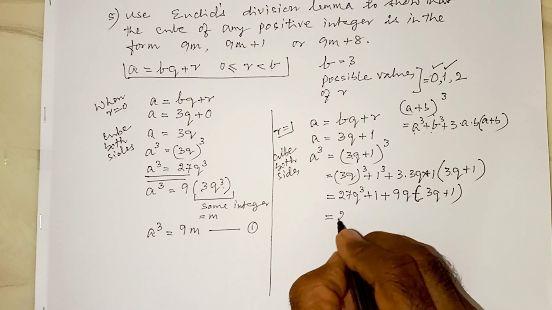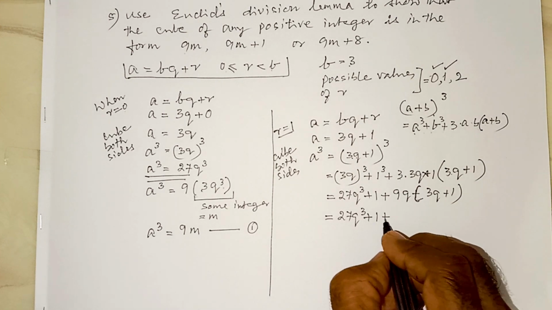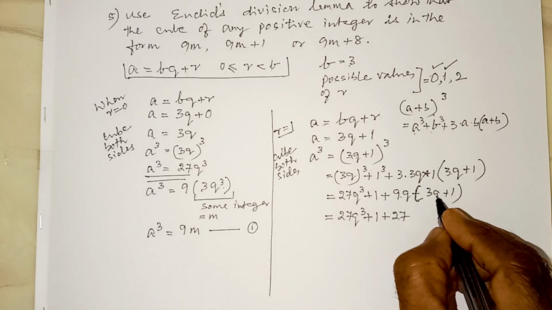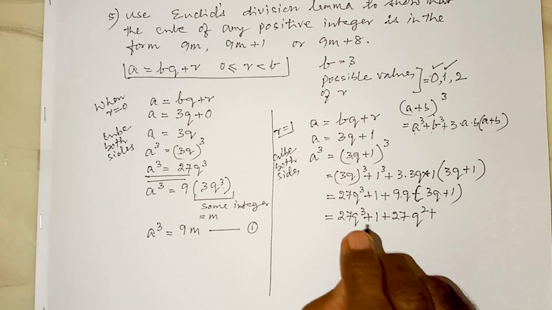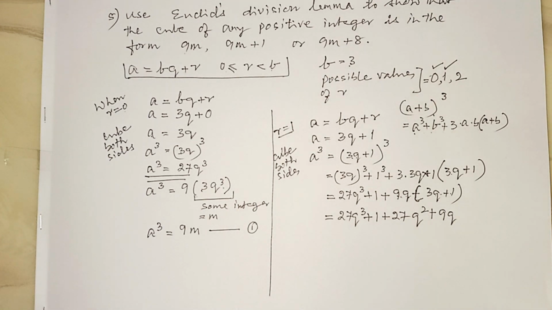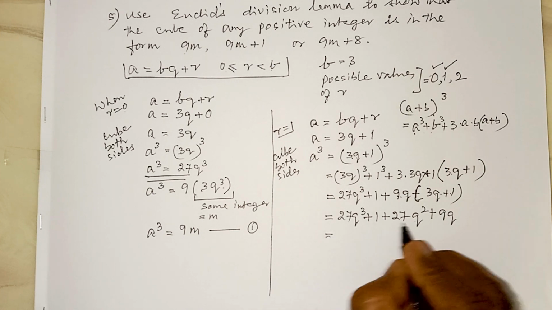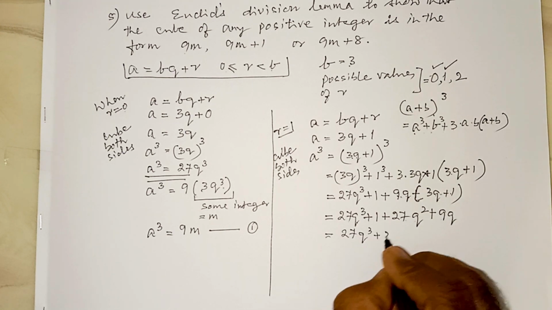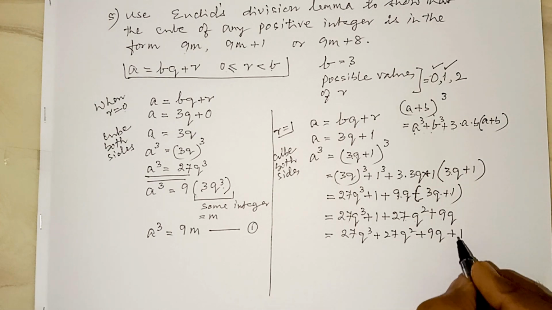Now further, 27q cube plus 1 plus 9 times 3 is 27 q square, q into q is q square, plus 9q into 1 is 9q. Now we keep 27q cube, 27q square and 9q together and put 1 in the last.